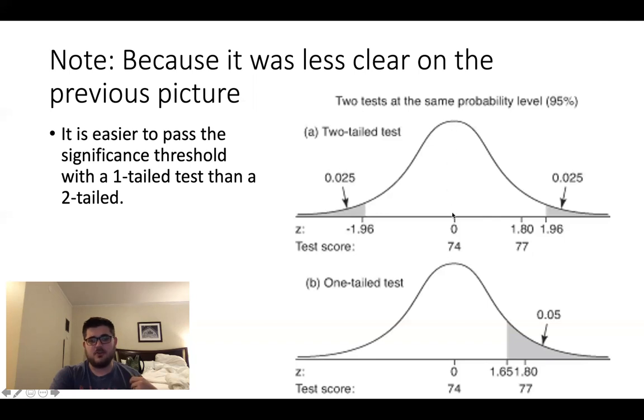This is harder to do. And back in the day, you were allowed to say, look, I predict that there's going to be a positive correlation, or I predict this group is going to be higher in self-esteem than this group. When you predict a direction, it's easier to achieve statistical significance.